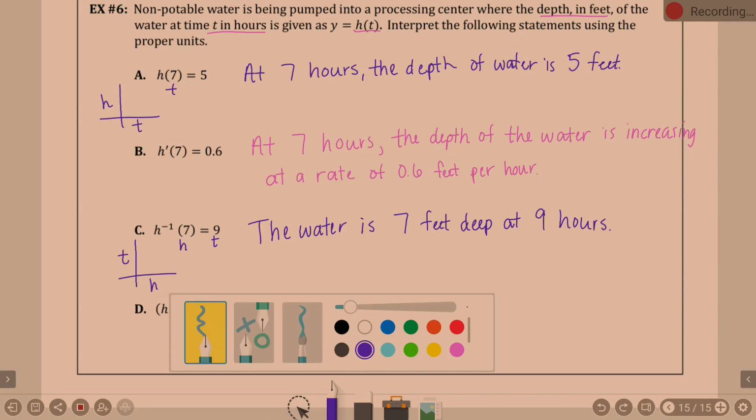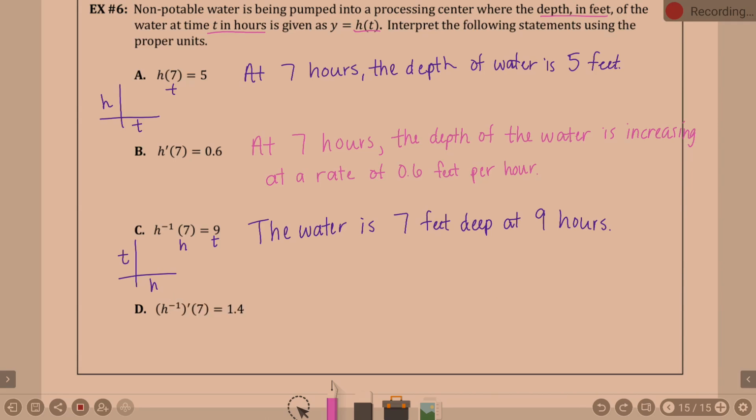Okay, the fun one. It would just be at 1.4 hours, the depth of the water is increasing at a rate of 7 feet. When the depth of the water is 7 feet, it takes 1.4 hours to increase by a foot. You're relating it back to the one we did earlier, right?